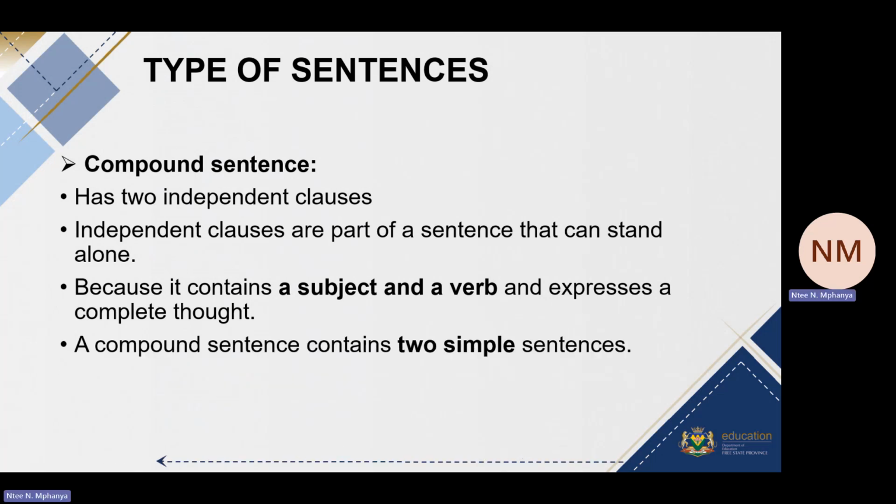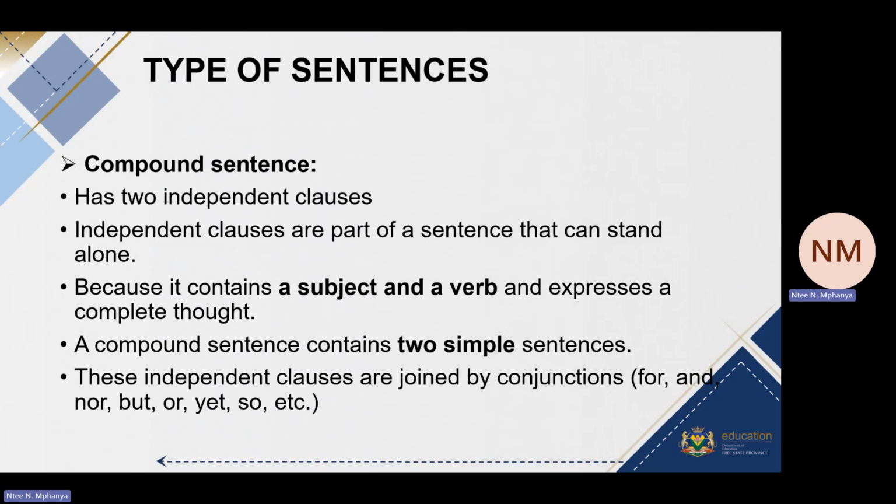A compound sentence contains two simple sentences. Because it's compound, it now has two simple sentences, meaning that those two sentences must each express a complete thought. Otherwise, that does not become a compound sentence.